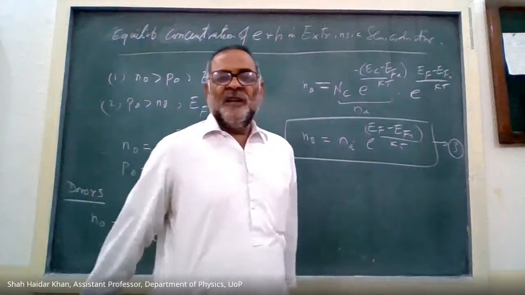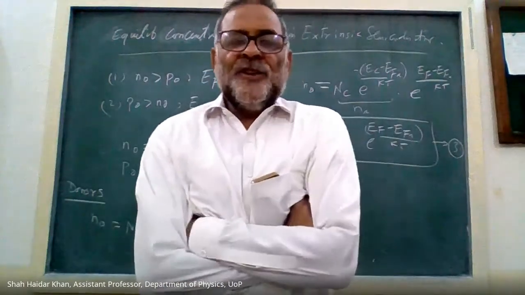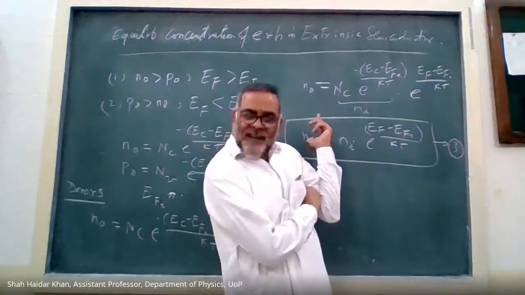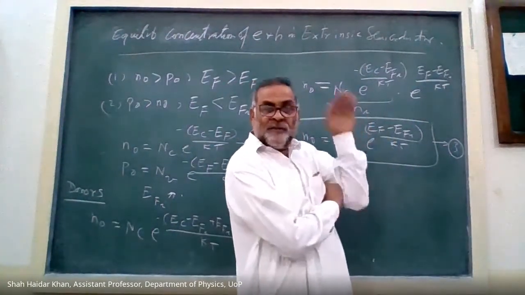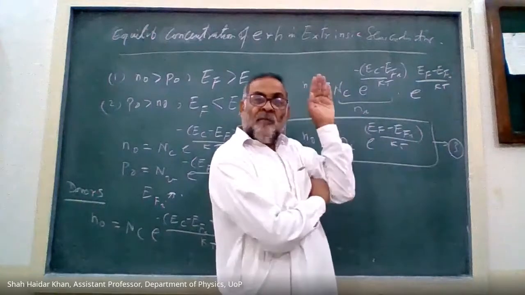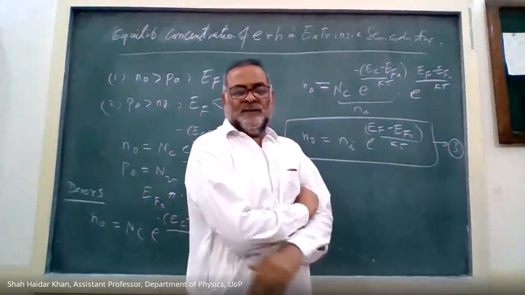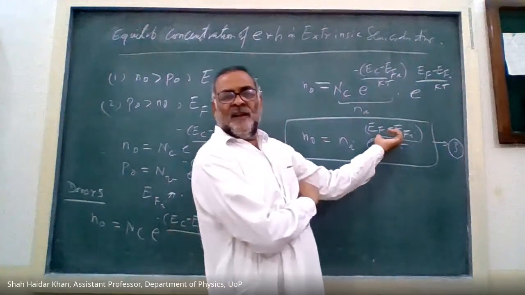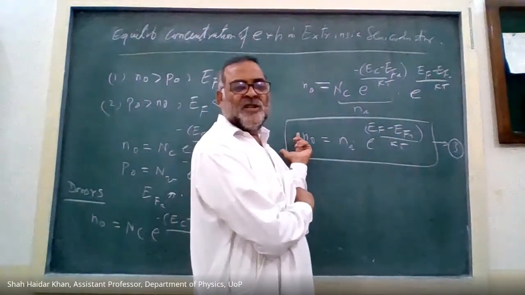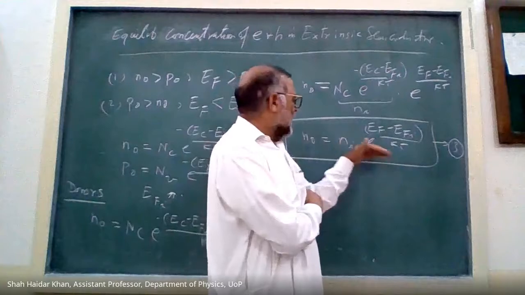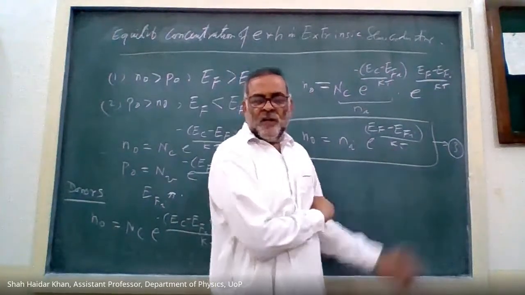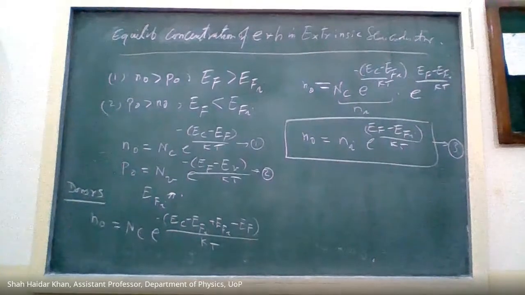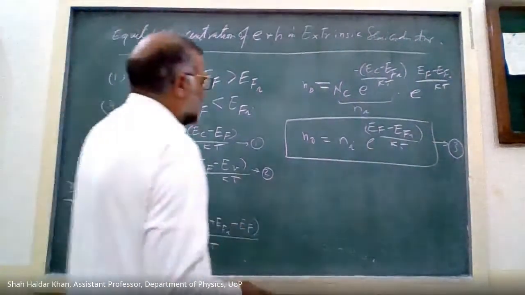So we have derived an equation which will tell you how the concentration of electrons changes with the motion of the Fermi energy up and above the intrinsic level. If this difference is higher, then the concentration of electrons is higher. It is also a function of T. So that is the situation for the extrinsic electrons.